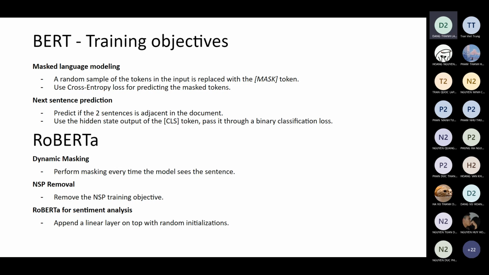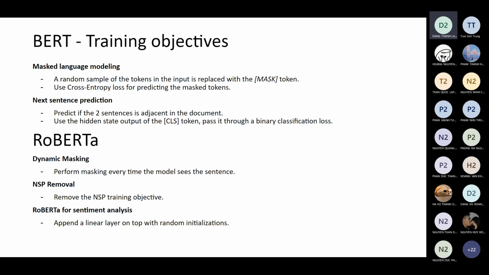Now we will discuss a modified version of BERT, which is used in the ISIS project, and that is RoBERTa. Firstly, RoBERTa performs dynamic masking, which changes the mask of the sentence whenever the model sees the sentence. In the original implementation of BERT, the masking is performed only once in the data preprocessing step, so the mask positions remain the same.